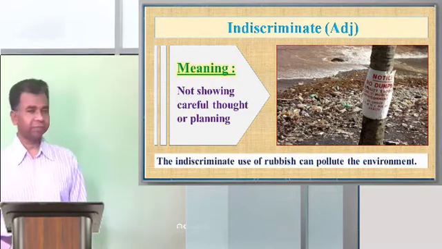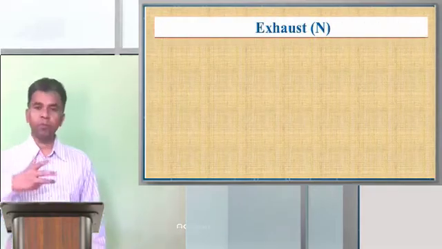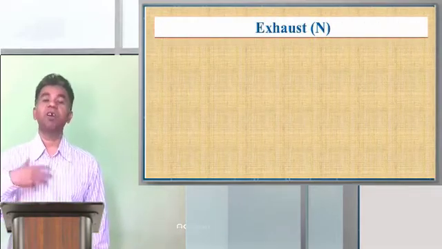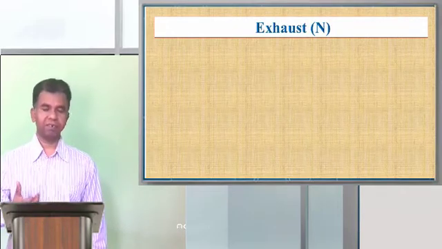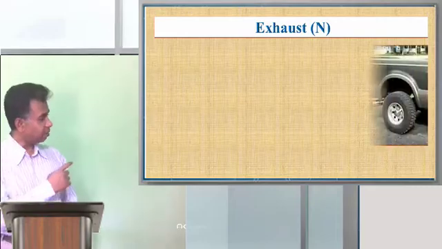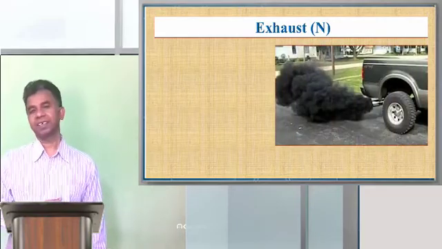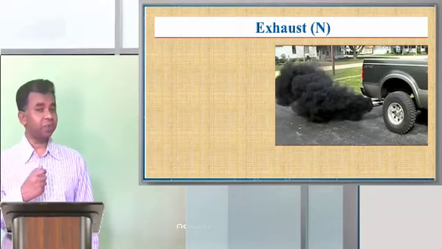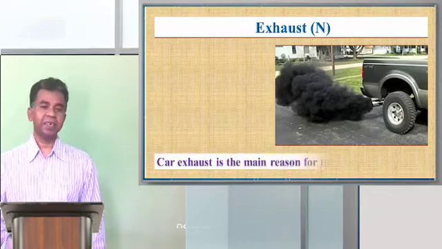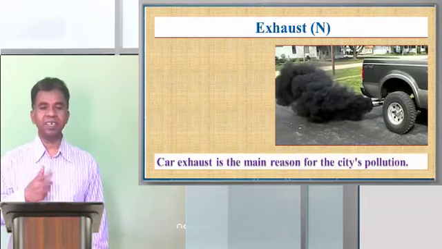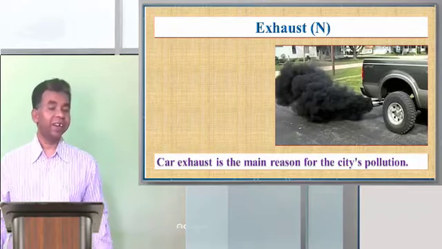Next one, exhaust. Pronounce with me. Exhaust. Exhaust. Look at the picture. What do you see in the picture? Black smoke. Okay. I give a sentence. Car exhaust is the main reason of city pollution.